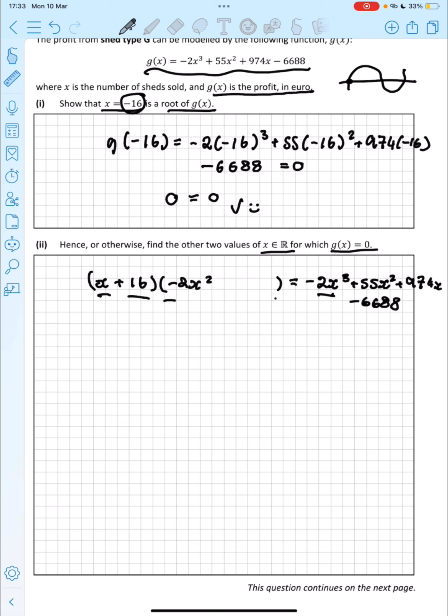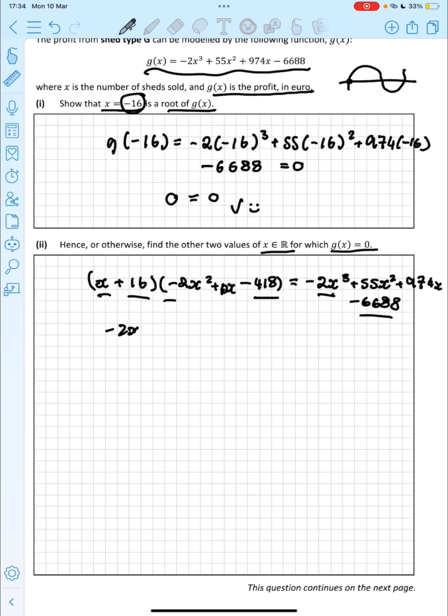And then last by last will give me last. So I'm going to use my calculator there. Say minus 6,688 divided by 16. It's going to get you minus 418. And then we don't know what the number in the middle is, so I'm just going to call it p. Then I'm going to multiply this out.